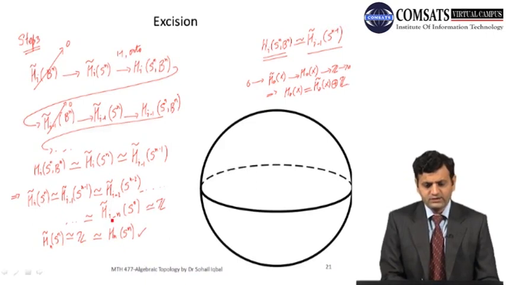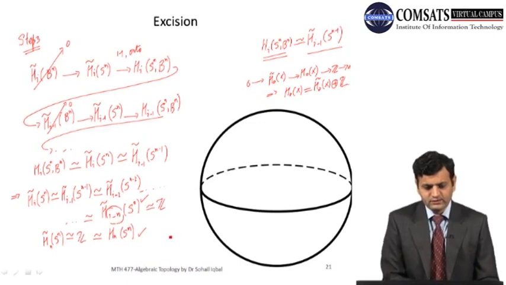And when i is not equal to n, for example in this case when i is greater than n, so that this number is greater than 0, then this H0 of S0 is 0. So whenever i is not equal to n and this number is greater than 0, then this is 0, and so the rest of the things are 0.